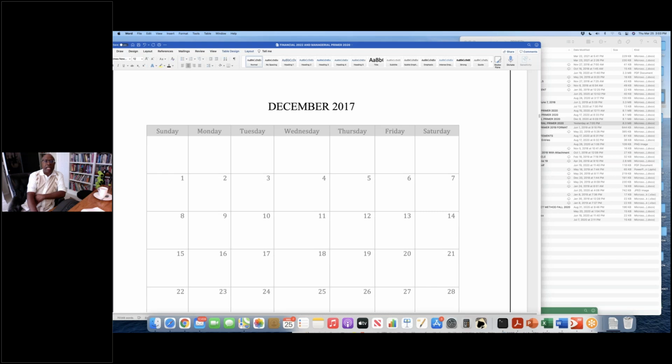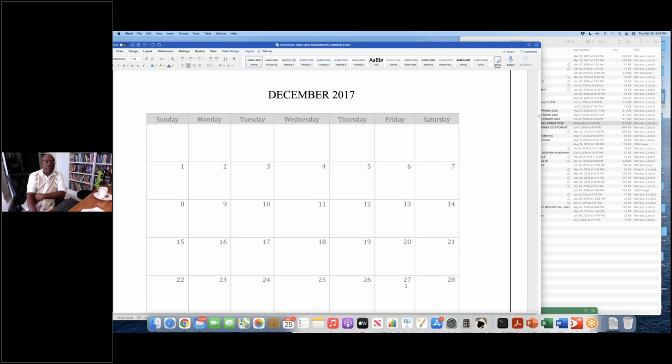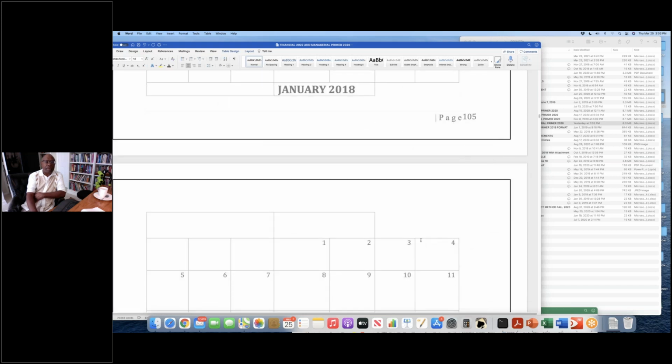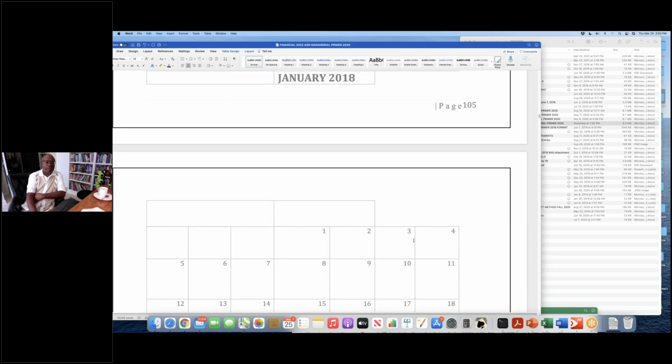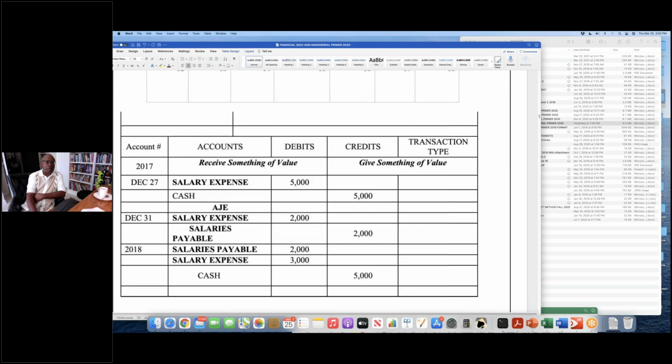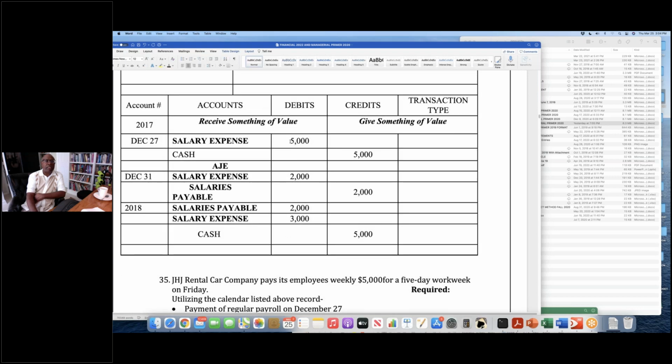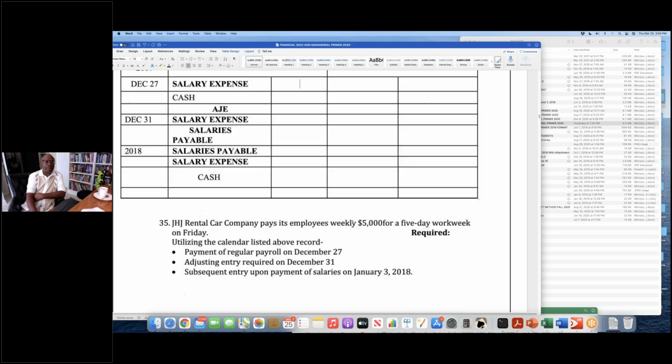Okay, so here is our calendar with the 27th on a Friday. Here we're on January with January 3rd. Professor Boyd, would we always get a calendar and have to put in the dates?